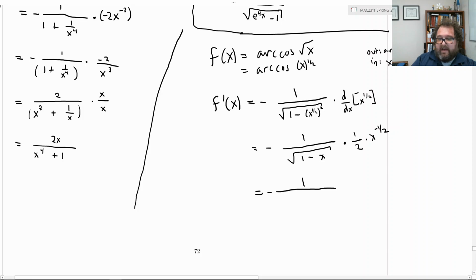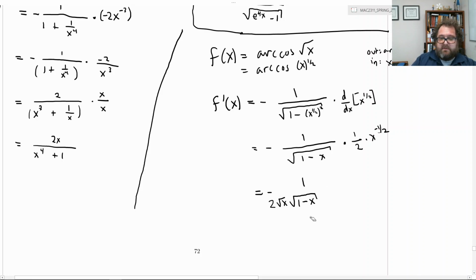Since our exponent is negative, it's going to be kicked to the bottom, and we're going to have a 2 down there. X to the 1/2 is the square root of x, so square root of x. Here, let me fix that square root sign. Square root of x, and then of course that square root of 1 minus x that's already there.